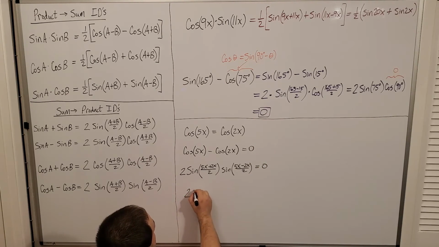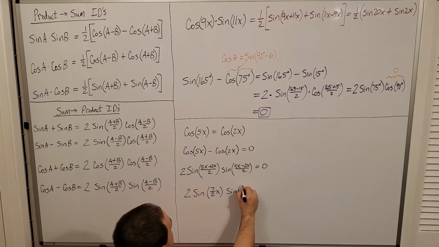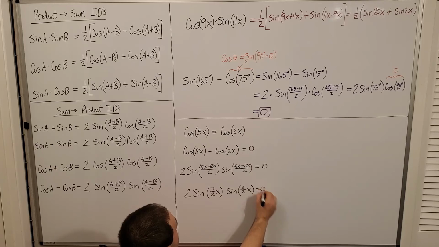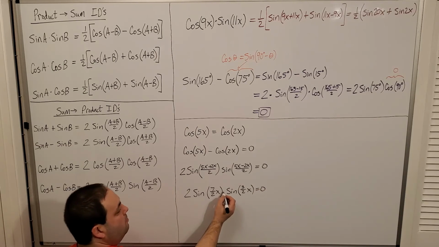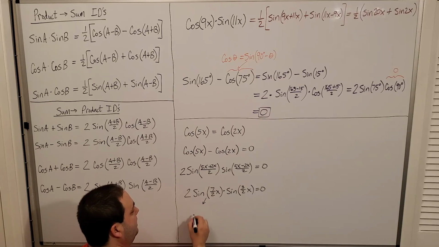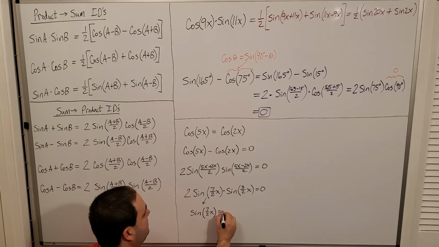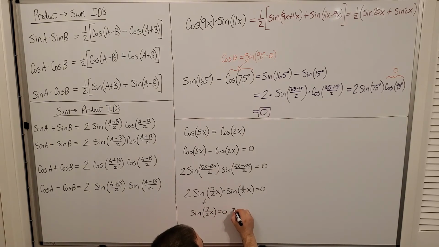So I have 2 times the sine of 7/2 x times the sine of 3/2 x. And here, since this is multiplied and equal to 0, I can simply split it and say, all right, now figure out where sine of 7/2 x is equal to 0, or where sine of 3/2 x is equal to 0.